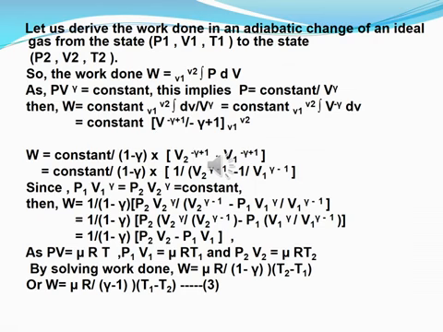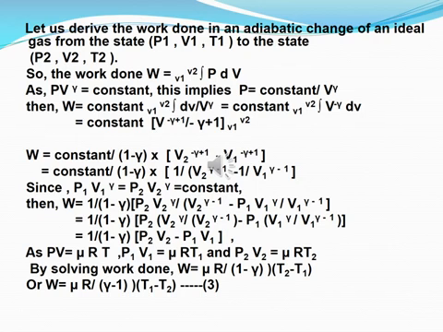So we have got the expression in this form: W is equal to 1 by 1 minus gamma into P2 V2 minus P1 V1. As PV is equal to nu RT, then P1 V1 is equal to nu RT1 and P2 V2 is equal to nu RT2.